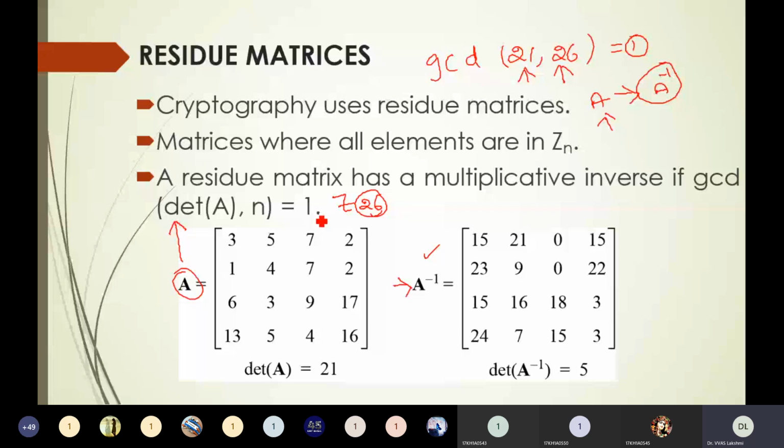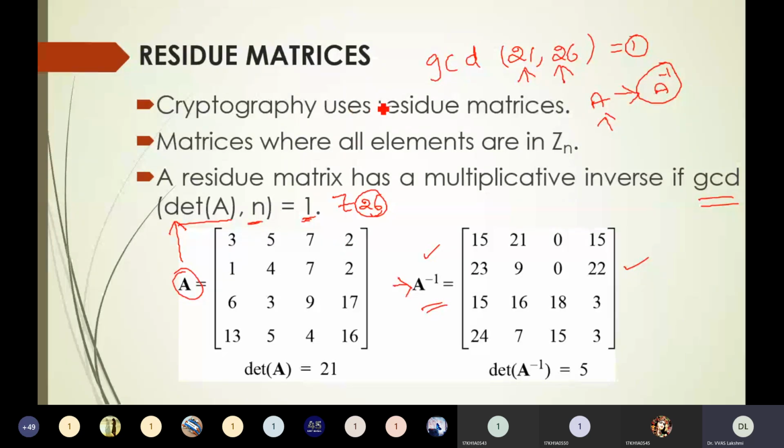Only when the GCD of the determinant of the original matrix and n is 1, does the multiplicative inverse exist. Otherwise we are not able to calculate the inverse value.